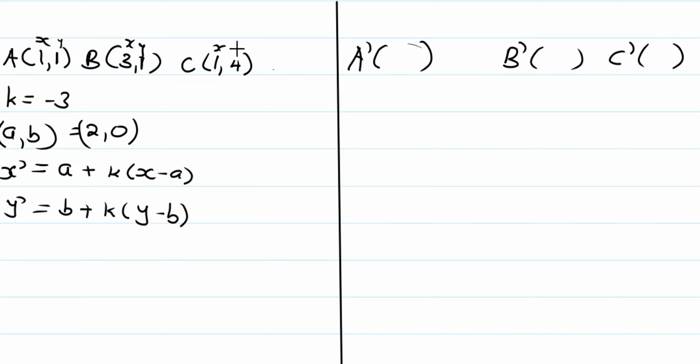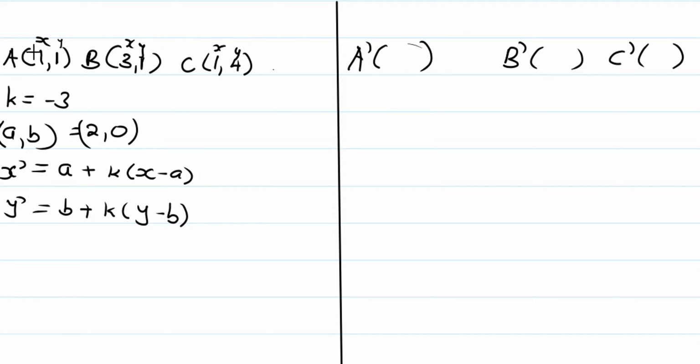We do one at a time, and then minus b, where b is the second one in the center of enlargement. So we can apply this formula and get the new coordinates of the enlarged triangle.